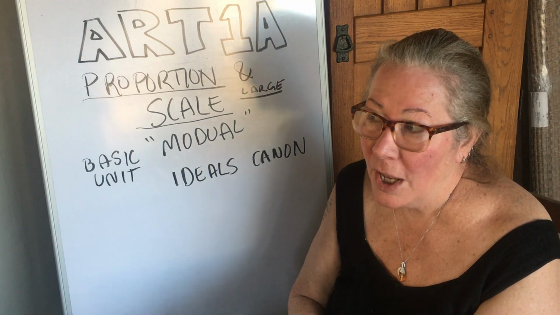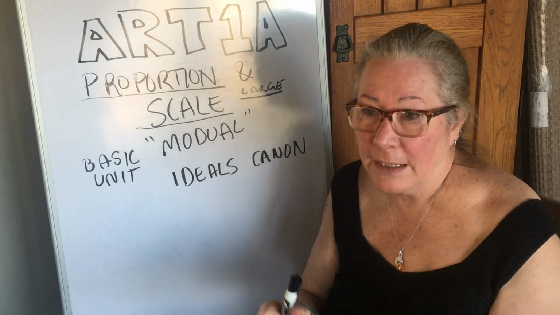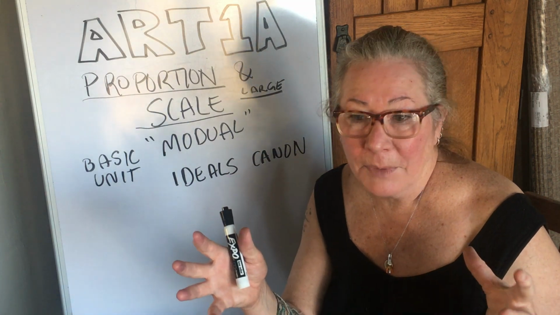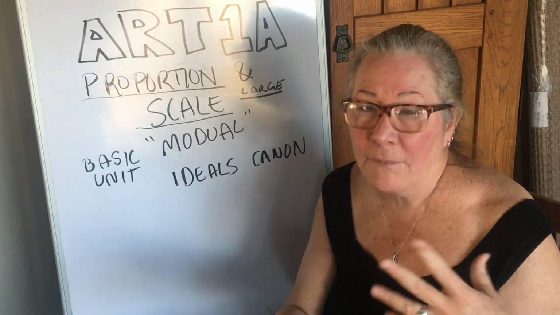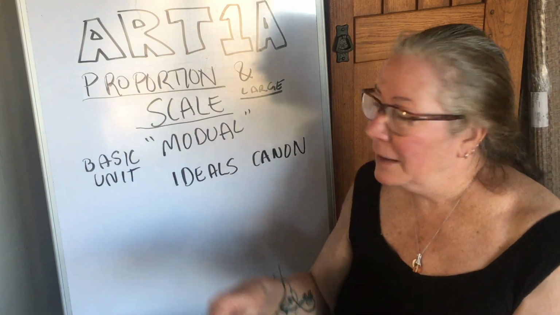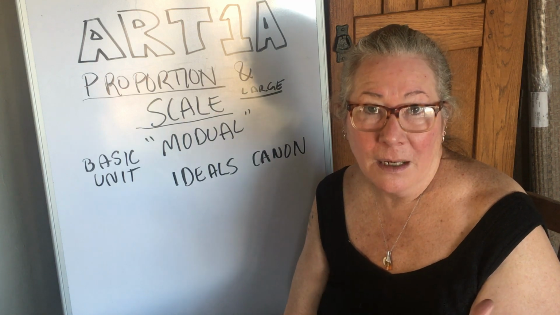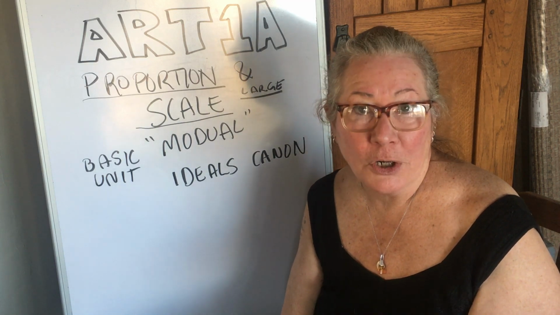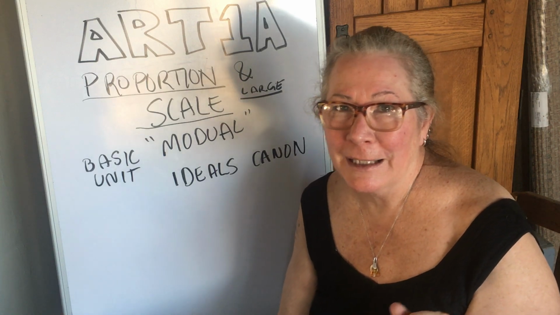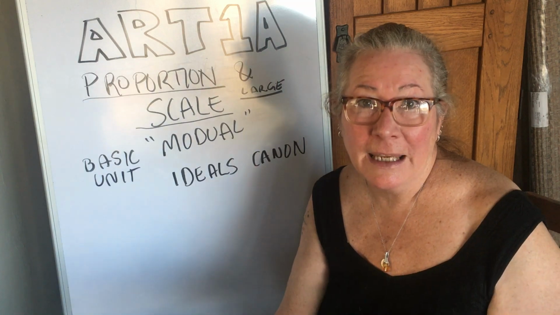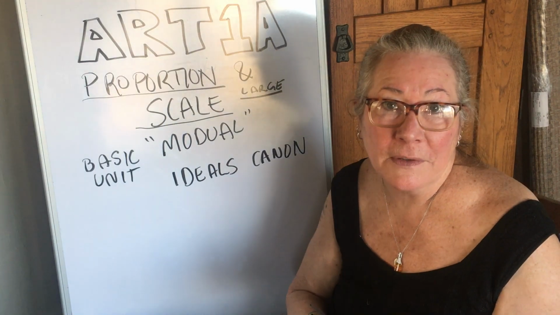So a lot of times artists will use scale to show the importance of something. They can make one thing larger, a larger scale, right? Larger size to show its importance. So you'll often find what's called hierarchical scale, and they say that in art a lot, where artists, especially in ancient times, Egyptians were good at this, right? The biggest figure is the most important figure, so they're using scale to show the importance of something.